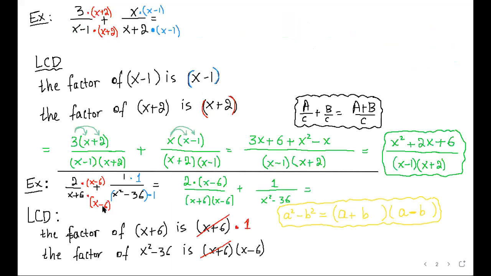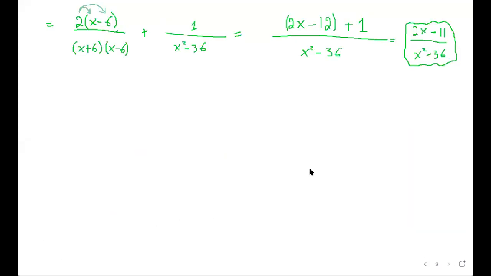Here we multiply by x minus 6. Here we only multiply by 1. And we solve it like the previous example. Any question? Okay.